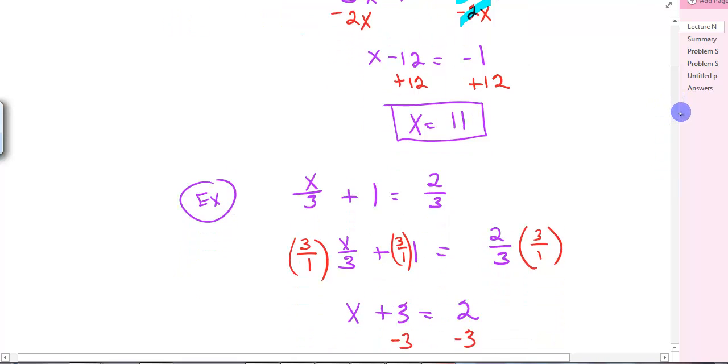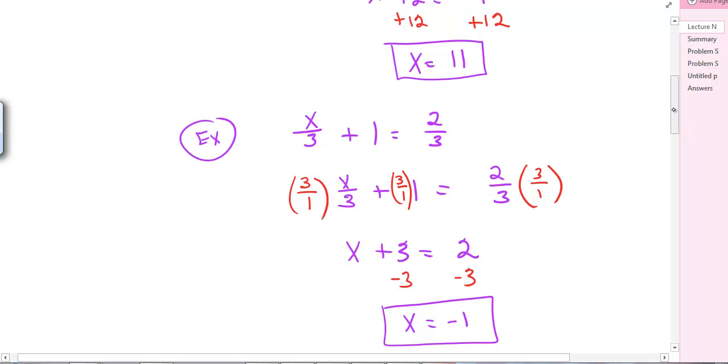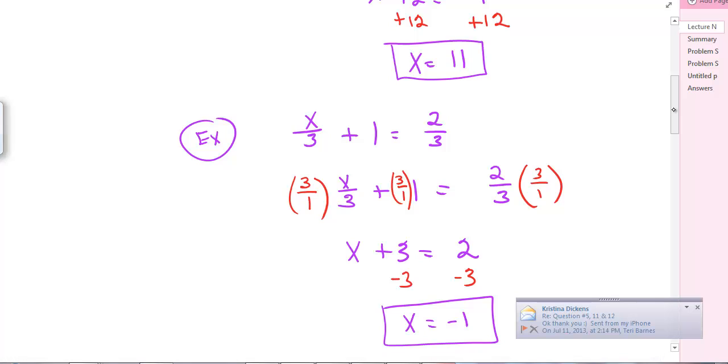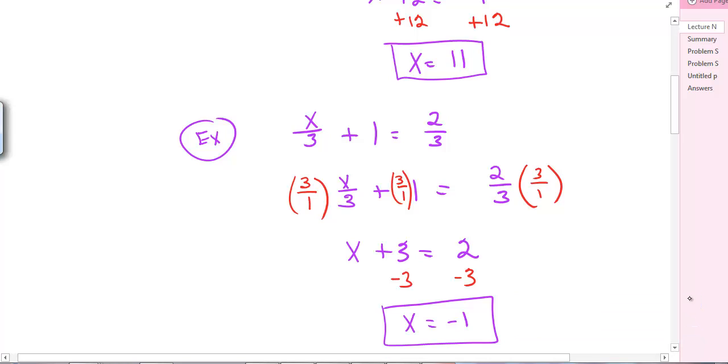Another example would be x over 3 plus 1 equals 2/3. When you have fractions, you want to get rid of the common denominator. So the common denominator is 3 in this case because it's the only denominator we have. And to get rid of it, we want to multiply by 3 over 1 at every piece of the equation.